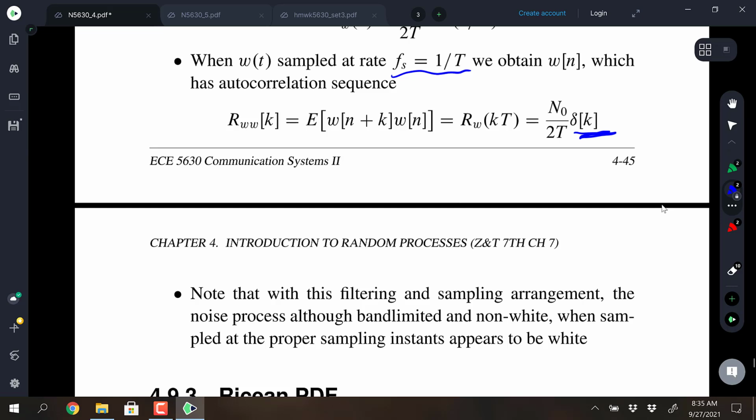K is the replacement for tau in the discrete time domain. Otherwise, it's just close to that. It's still pretty white. I mean, white in the sense that it's peaked right at 0 and then it's small after that.